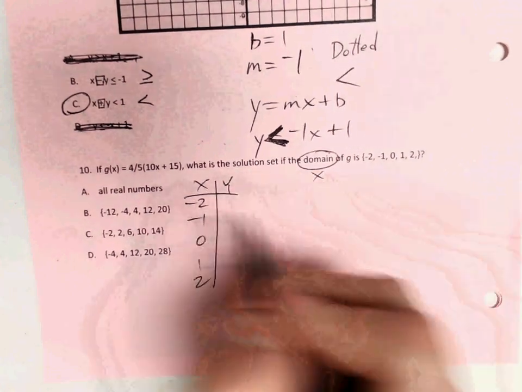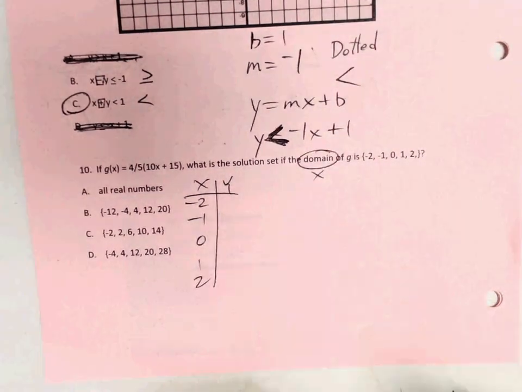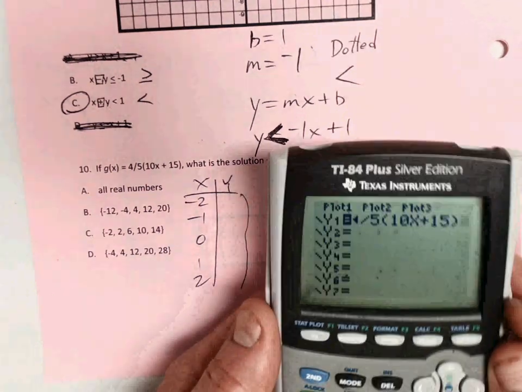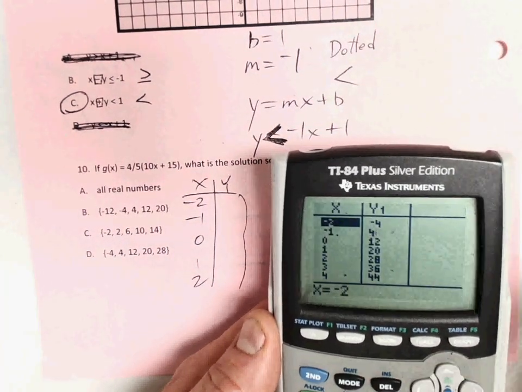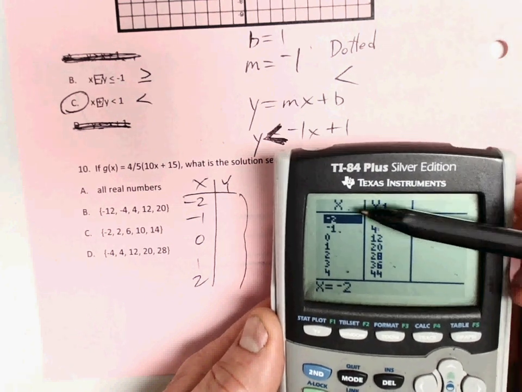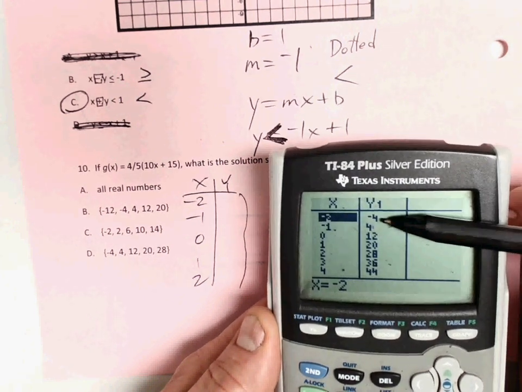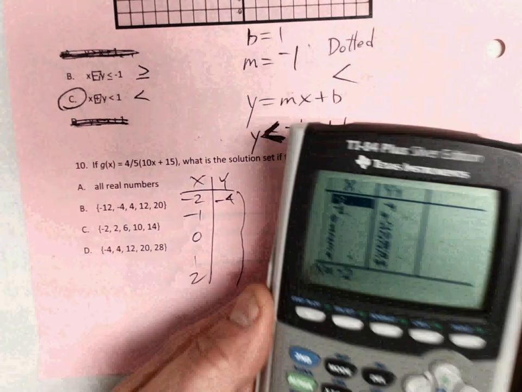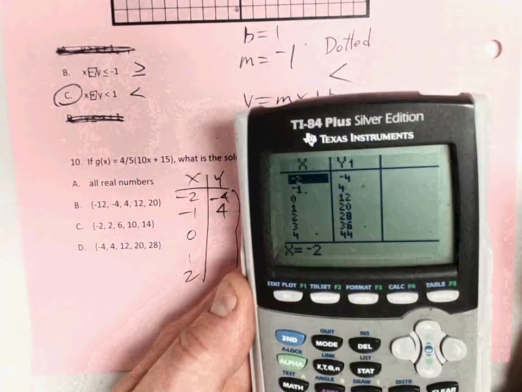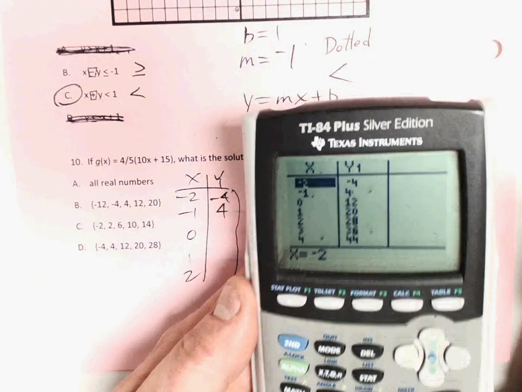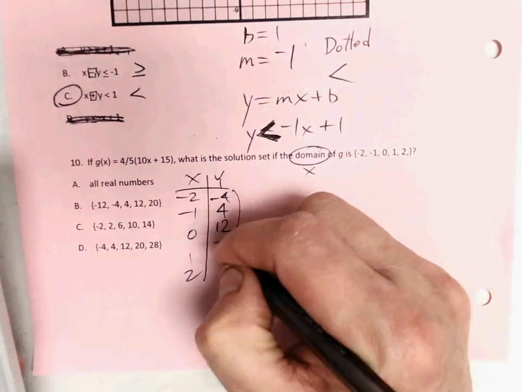I'm looking for the solution set, which is the y values right here, and my calculator will do that for me. So if I come up here and take a look, when x is negative 2, y is negative 4. When x is negative 1, y is positive 4, and hopefully you can see the answers from there.